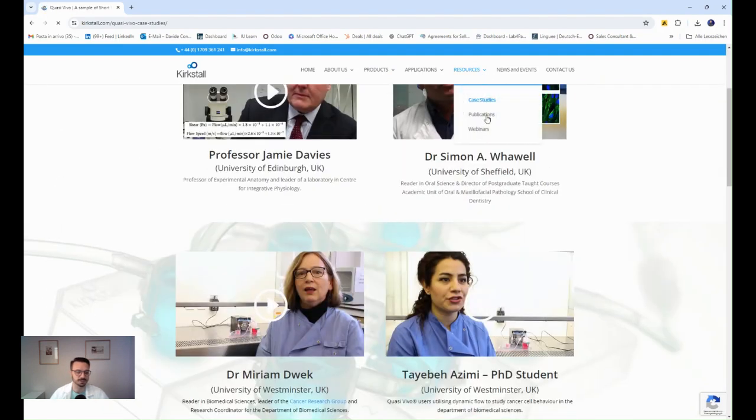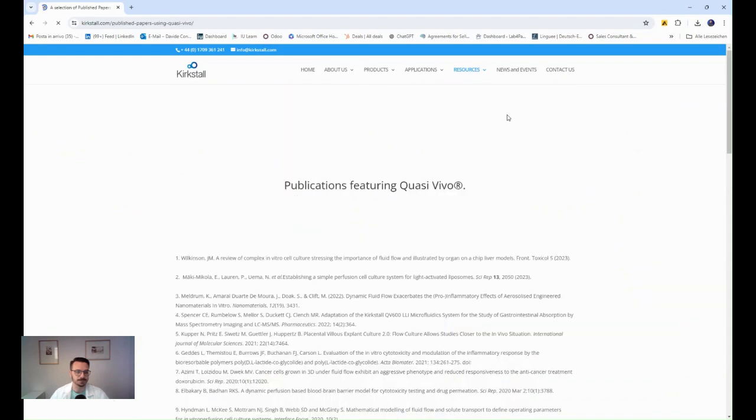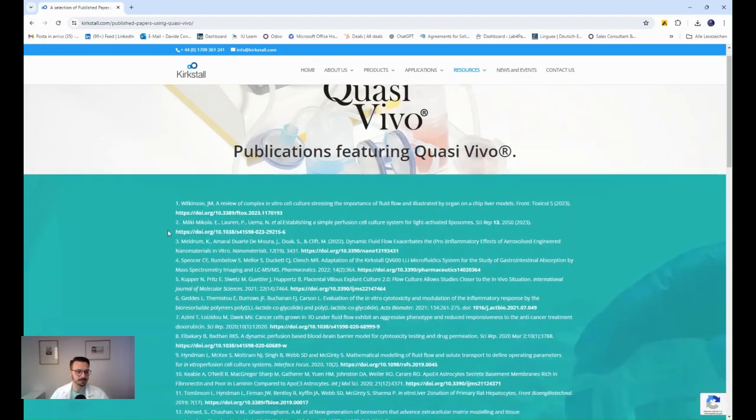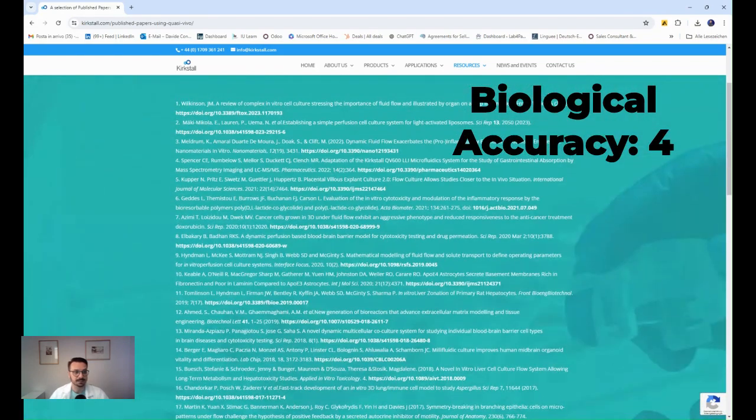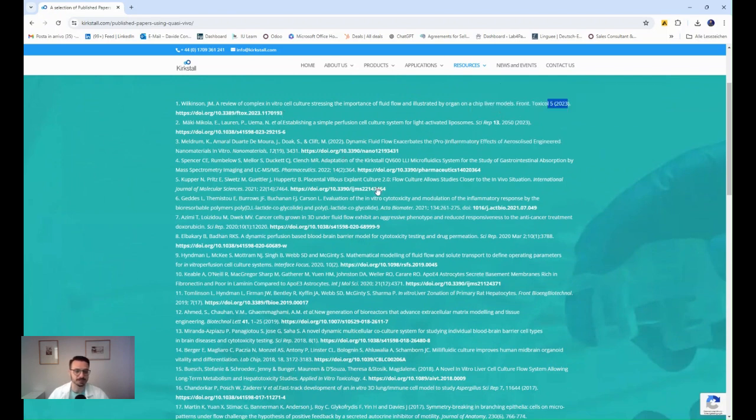Obviously, because they have been in the market for a long time, they have a quite long list of publications. Here, 30 different publications at least that they are citing, but this stops at 2023. I'm quite sure that there is much more out there, but for the moment this would be a good 4.